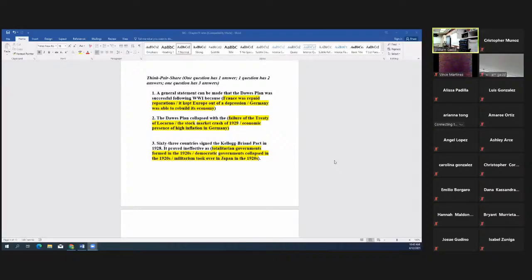The stock market crashed, didn't it? That's the beginning of the depression. So the Dawes Plan happens before the Great Depression happens, which makes the middle one incorrect because it hadn't happened yet. Very good.